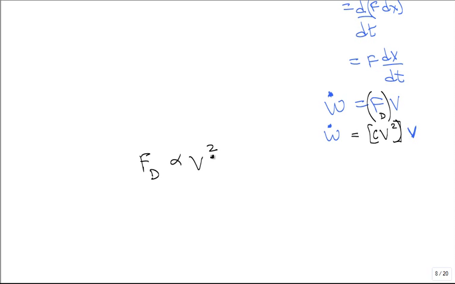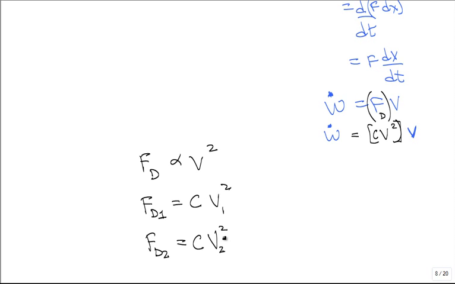True? So in case 1, the force of the drag when you're driving 60 is equal to a constant times the speed of 60 squared. The force of the drag when you're driving 90 is the same constant times the speed of 90 miles per hour squared.